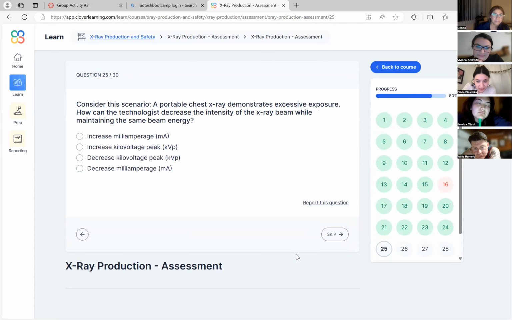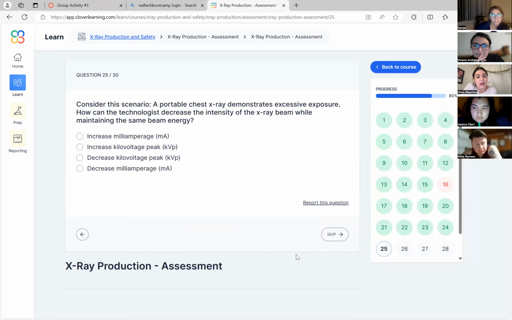Okay, 25, that is Viviana. Okay, consider this scenario. A portable chest X-ray demonstrates excessive exposure. How can the technologist decrease the intensity of the X-ray beam while maintaining the same beam energy? I would say decreasing the mA.